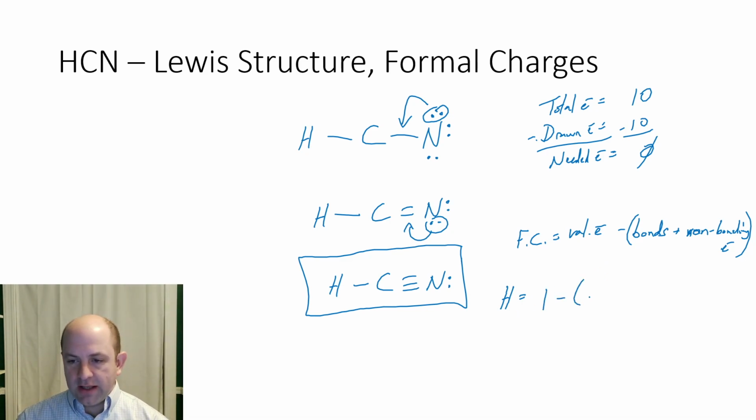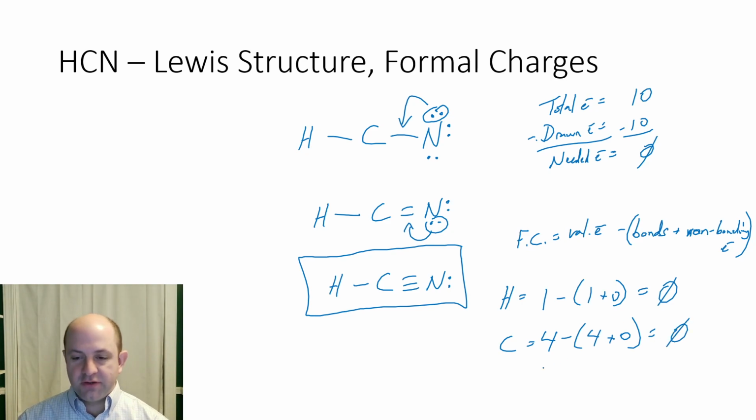When we subtract, it has 1 bond and no dots. So 1 minus 1, it has a formal charge of 0. That's good. For the carbon, that's under column 4A, so it should have 4 electrons to start with. The carbon makes 1, 2, 3, 4 bonds. It also has no dots. So 4 minus 4, okay, formal charge of 0.